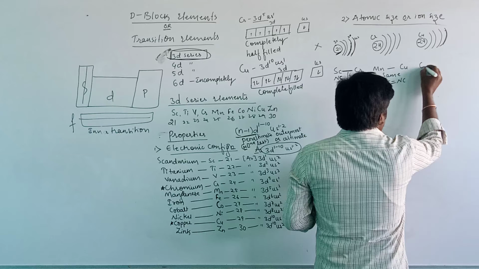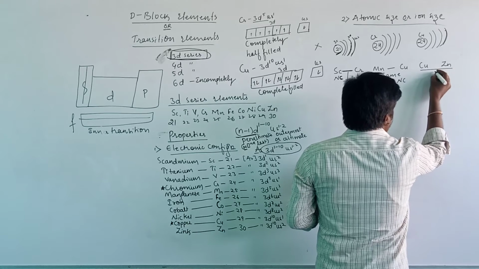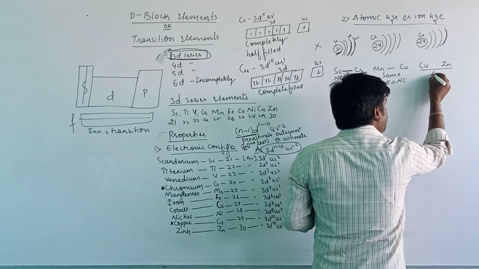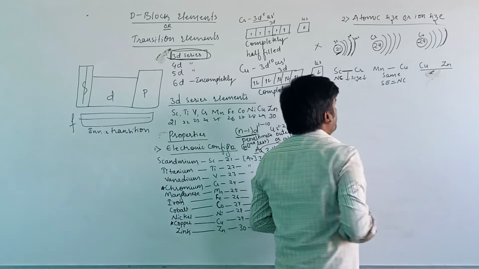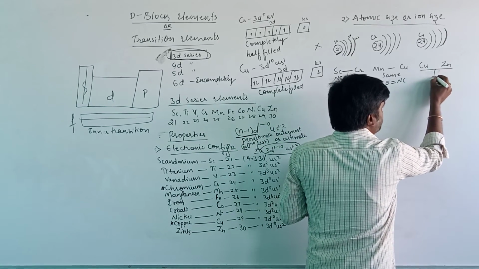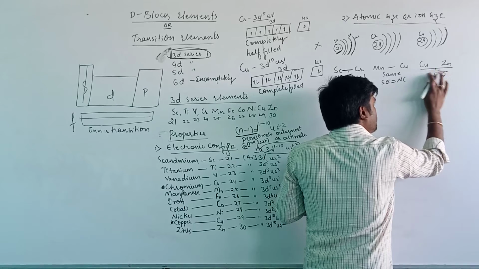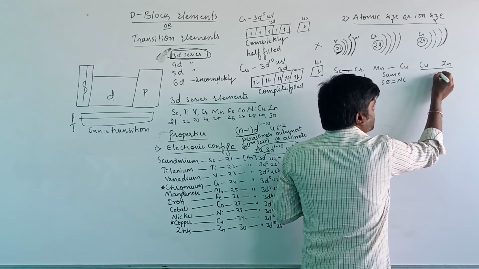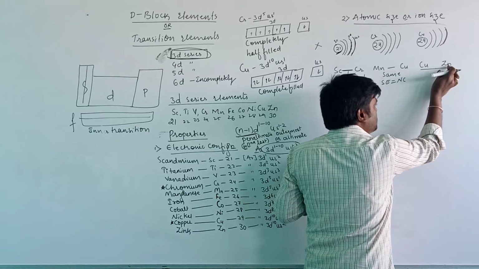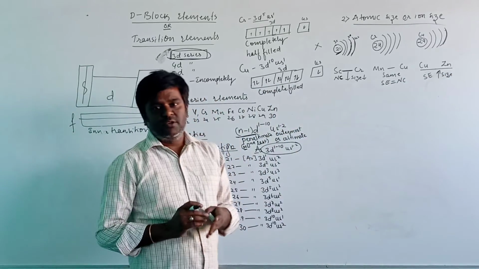From copper to zinc, the atomic number will increase. When we compare the atomic size from copper to zinc, the atomic size will increase due to the increase in the screening effect.